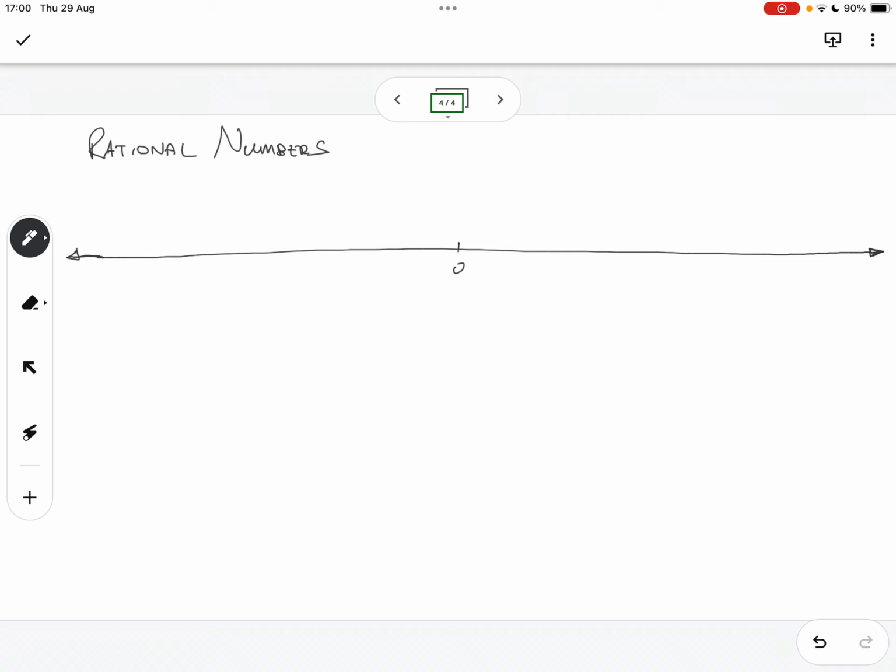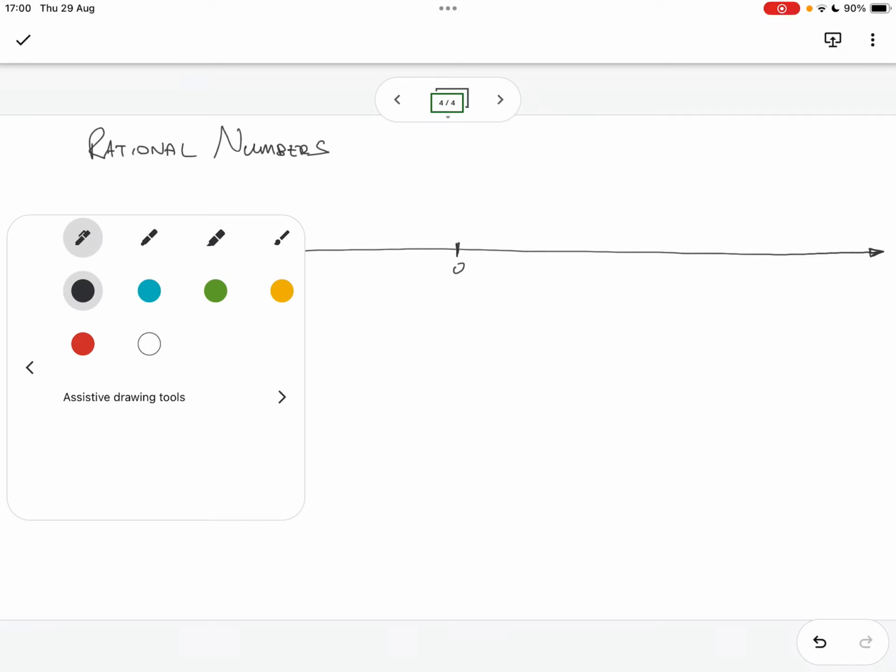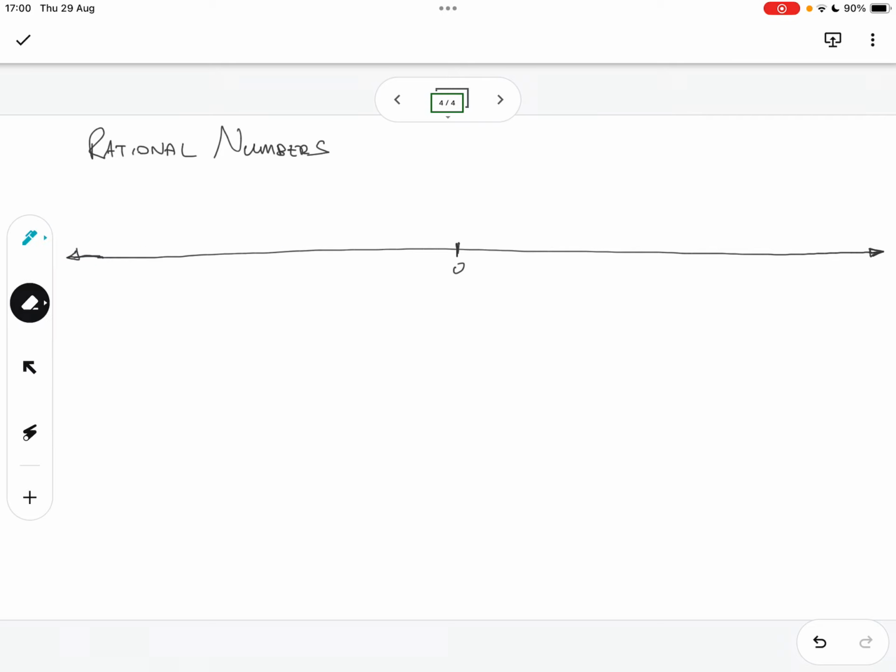So let's do from 0 to 10, and from -1 to -10. We'll try and space those out. Integers we'll color in blue. But the point for 0, we'll leave it at that.